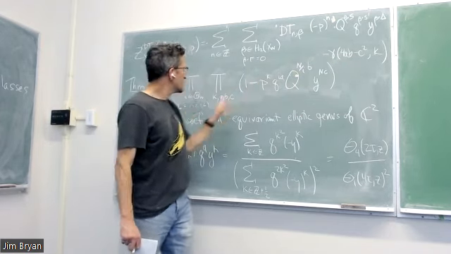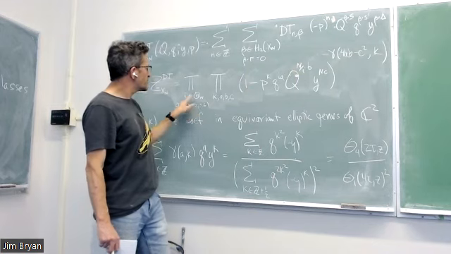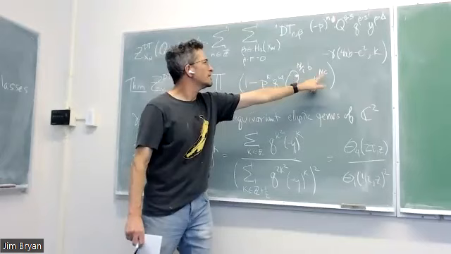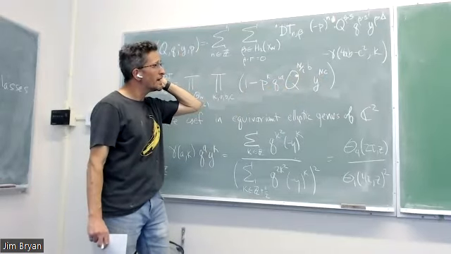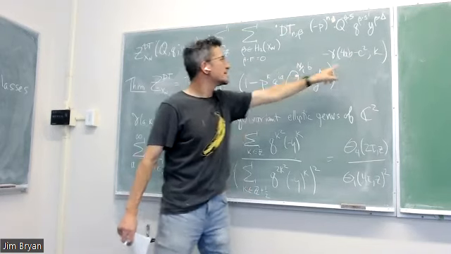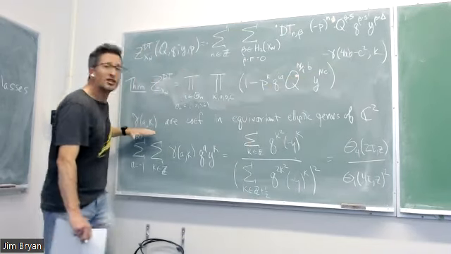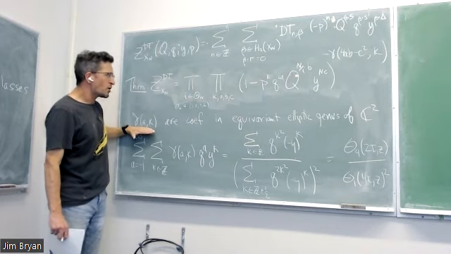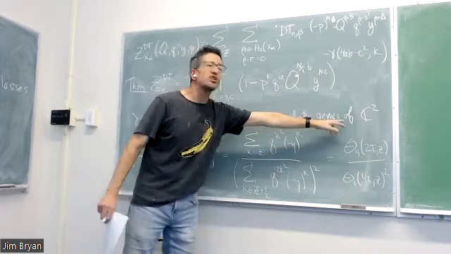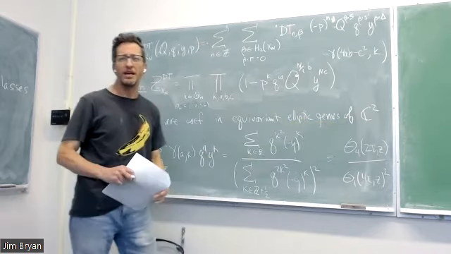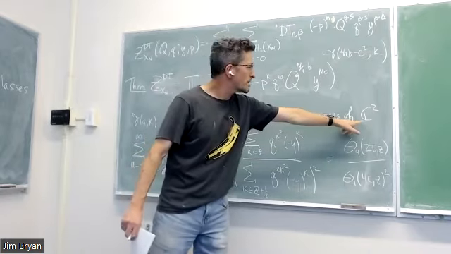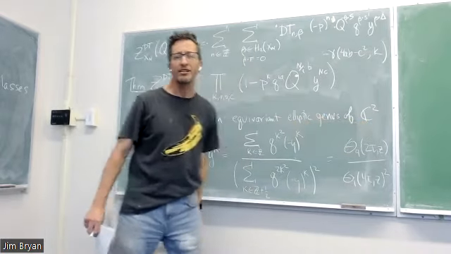And you can see that the particular numerology of the singular fibers manifests itself in interesting ways in these variables. And this coefficient up here, these things related to the BPS states, are really nice. They are the coefficients of the equivariant elliptic genus of C2. This is a particular function that shows up in this subject, coming from geometric engineering. C2 is a Calabi-Yau surface.